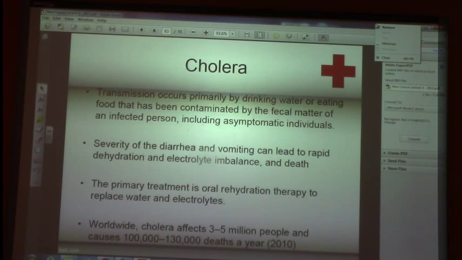Without proper hydration, it can lead to failure of the kidneys, and at that point, that can lead to multi-organ failure. In regards to the epidemiology of cholera, it affects about 3 to 5 million people worldwide and causes approximately 100,000 to 130,000 deaths each year. These were the statistics as of 2010.